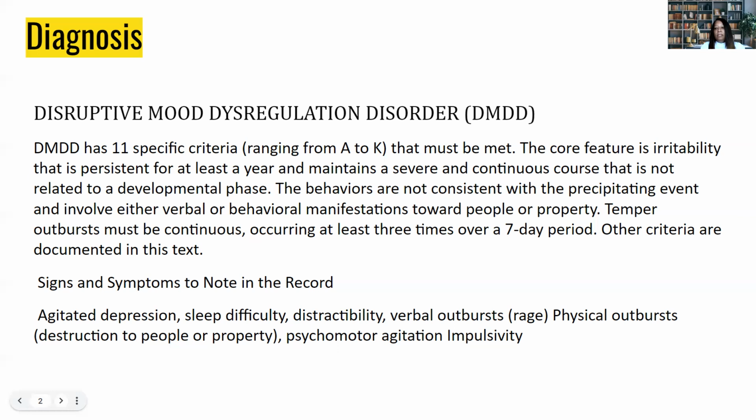So signs and symptoms that were noted in the assessment process: agitated depression, sleep difficulty, distractibility, verbal outbursts, rage, physical outbursts, destruction to people and their property, psychomotor agitation, impulsivity.